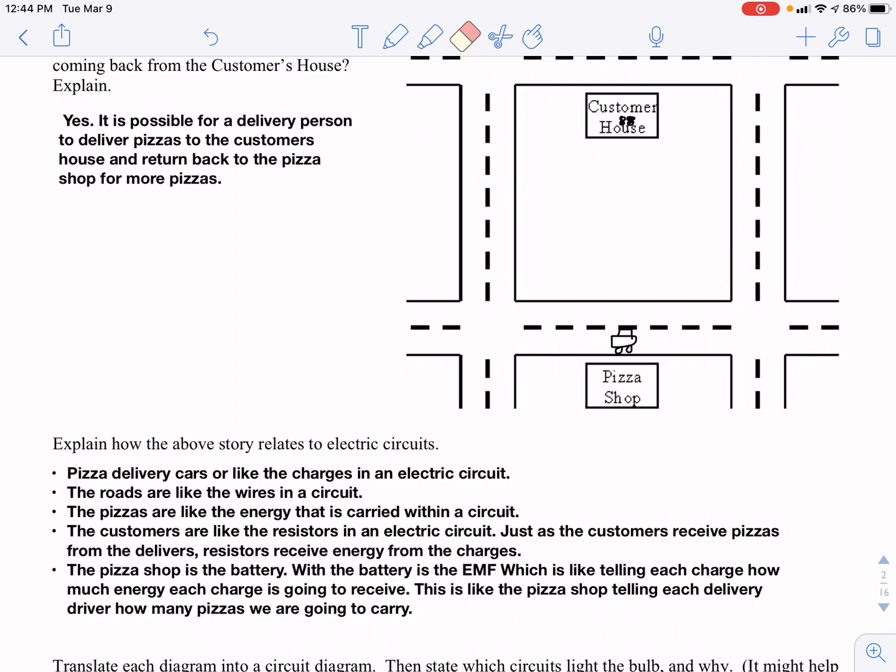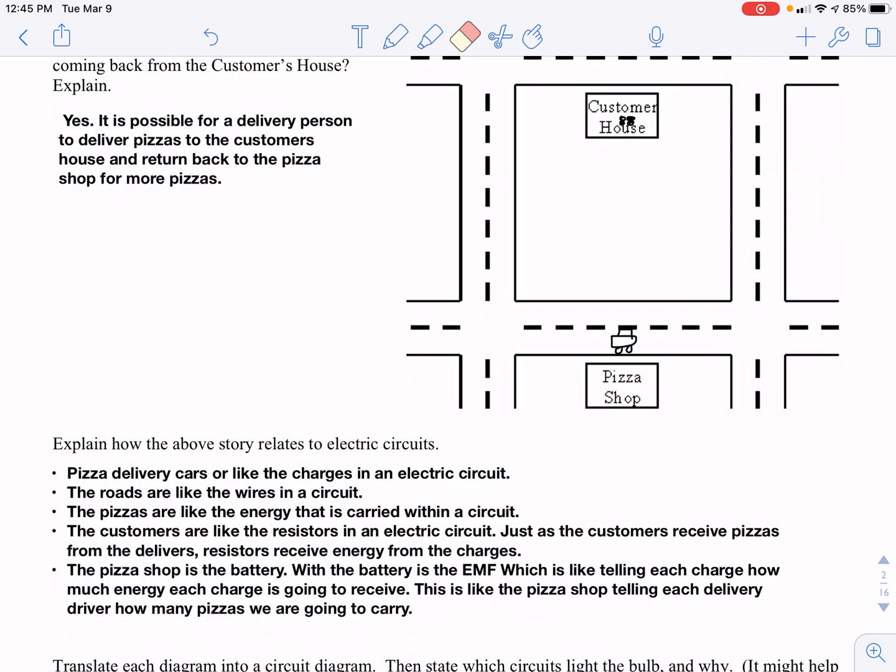The customer's houses represent resistors in the electrical circuit. Just as the customers receive pizza from the deliverers, resistors receive energy from the batteries. And a lower amount of pizza exists in each charge every time a pizza is delivered to a customer's house. Therefore, just like the electric potential would be less as current travels across a resistor.